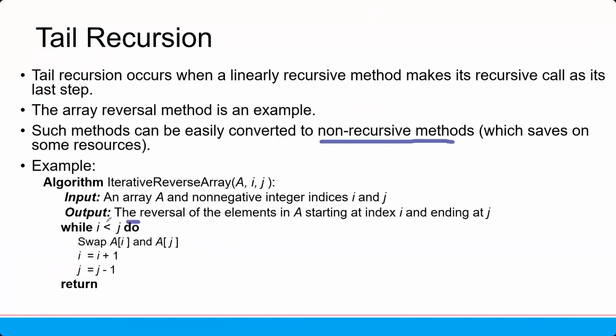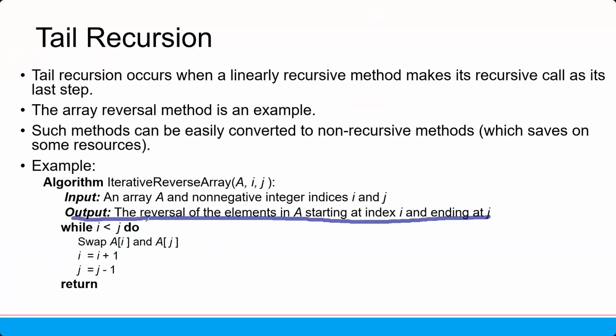For example, I can do it like this: while i is less than j, if this is true, then swap. So what is the difference? Actually, no difference. The result will be the same. The output is the reversal of the elements of A starting at index i and ending at index j.